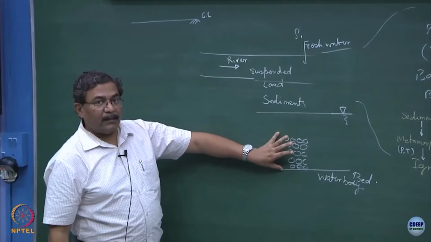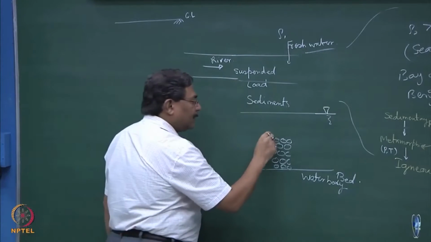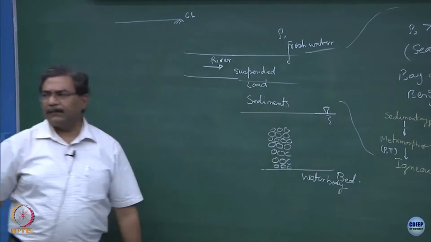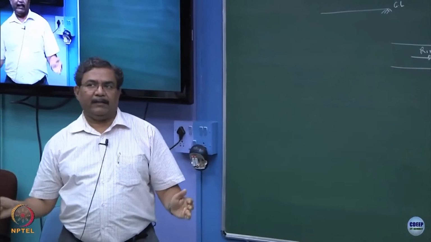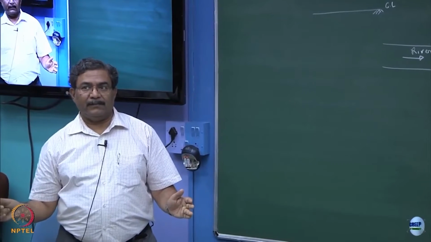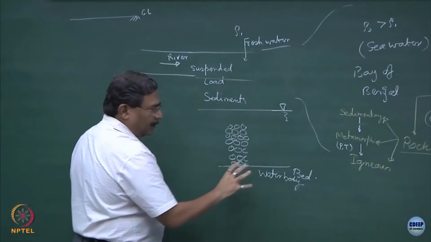Initial process, next load of sediment comes, it gets deposited like this. The whole process is happening under gravity, clear, nothing else. In the process, somebody was asking about bacterial action.